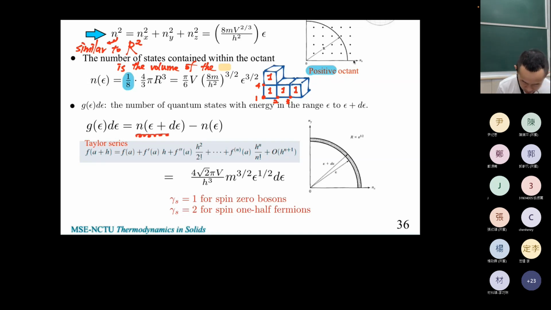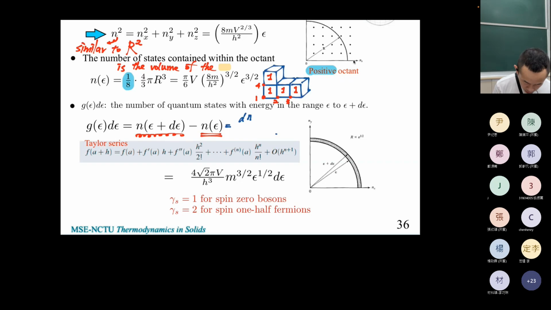So the first one I mark with the wiggle sign, and N(epsilon) with the double cross sign, and we have it equal to, so we can use the Taylor series to decompose this.